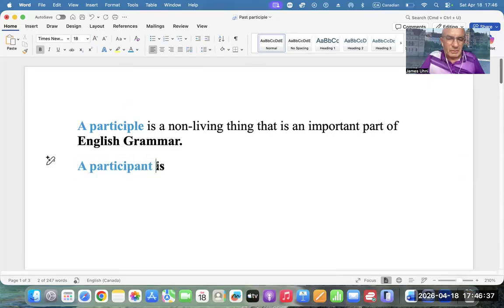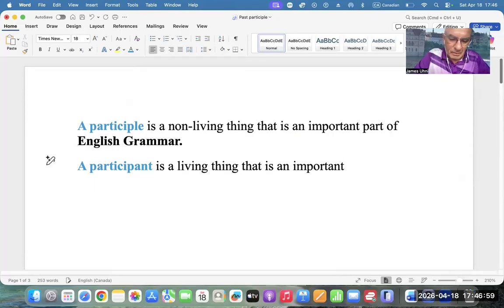A participant is a living thing that is an important part of English grammar.